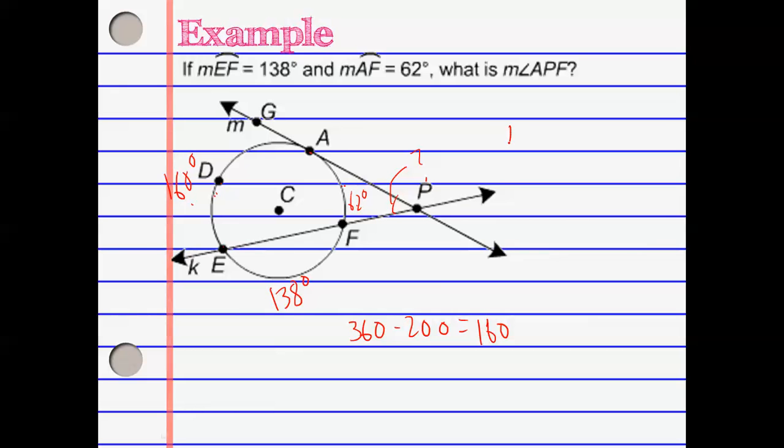So we take 160 minus 62, and then we're going to divide that by 2. So 160 minus 62 is 98, and 98 divided by 2 is 49. So the measure of angle APB, or APF, is going to be 49 degrees.